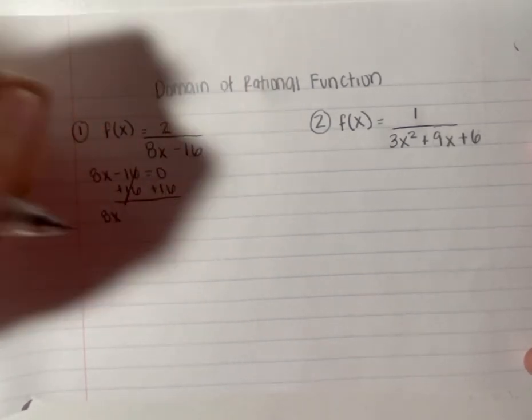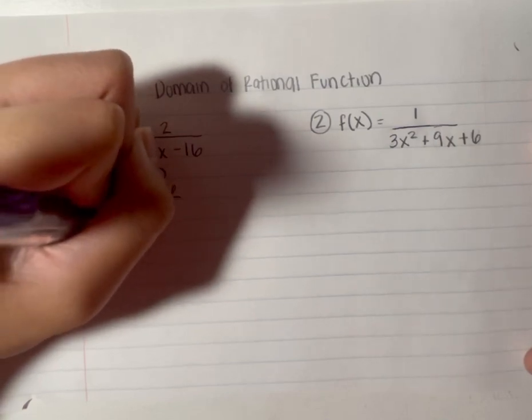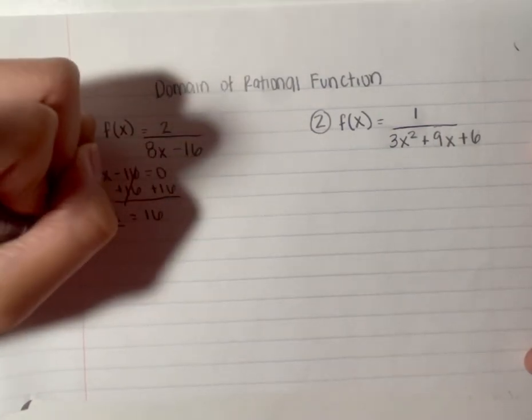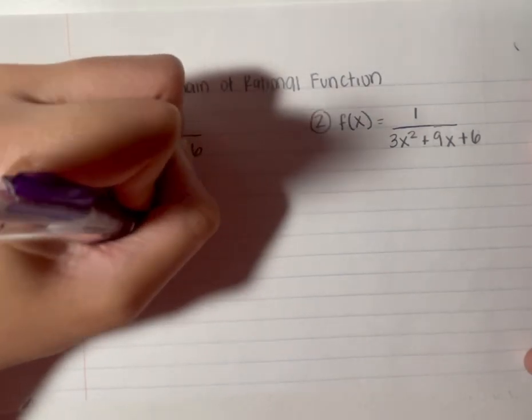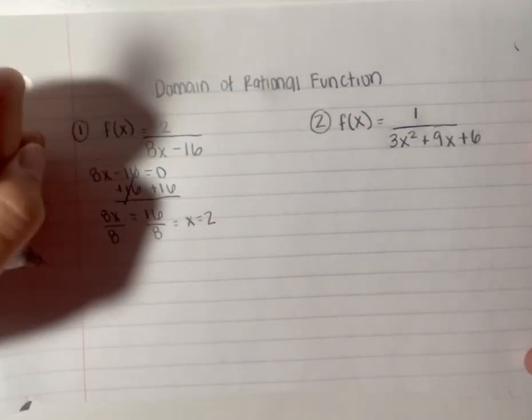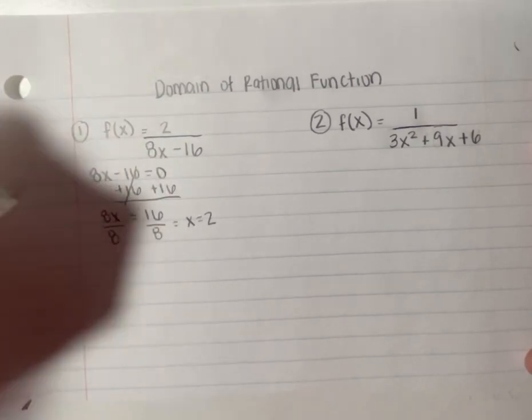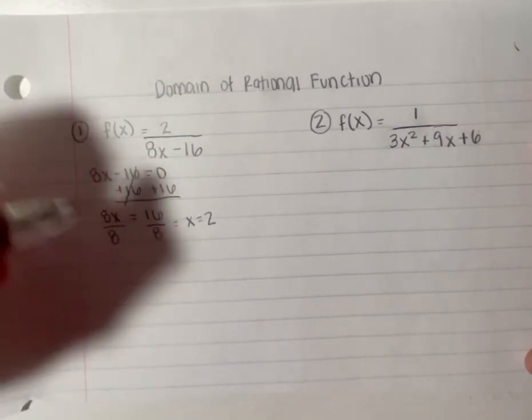Bring down the 8x equals 16, and then you divide by 8 to get x equals 2. And the domain of f includes all real numbers except for 2.